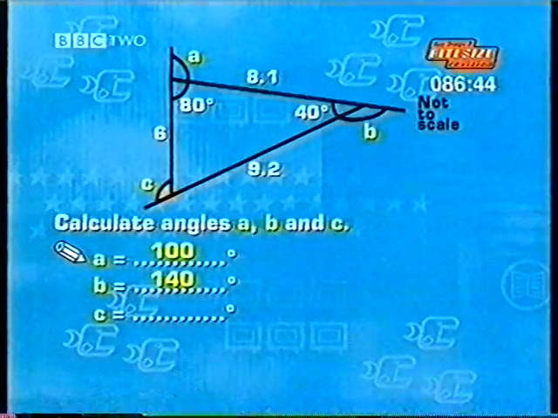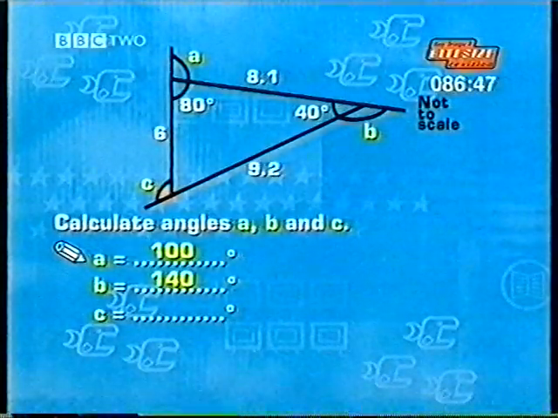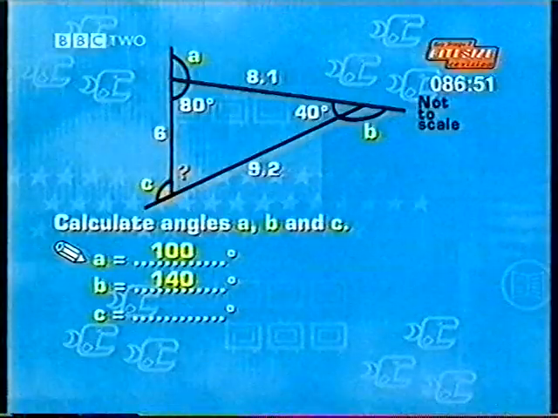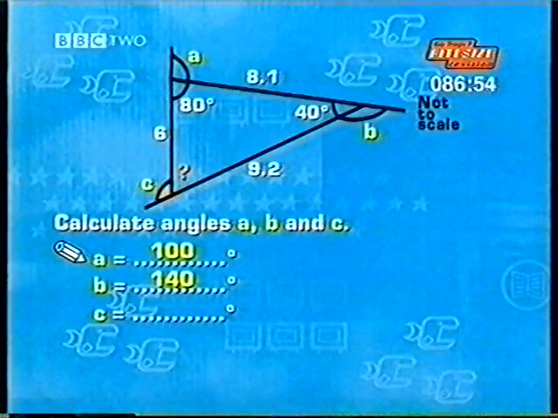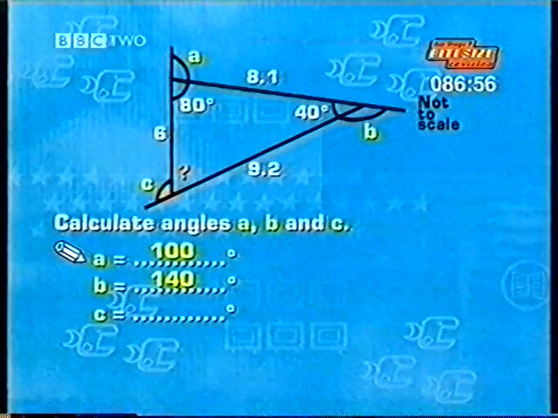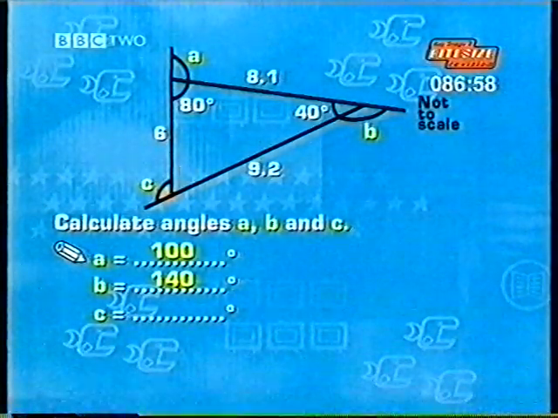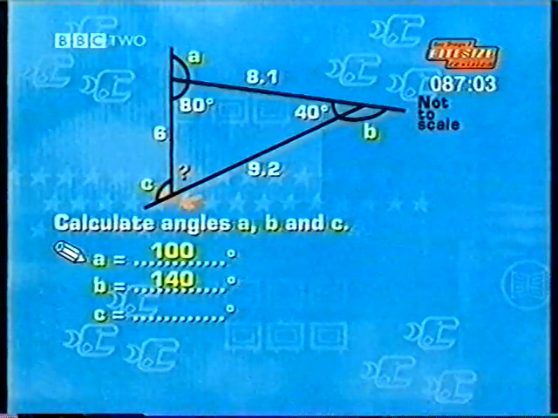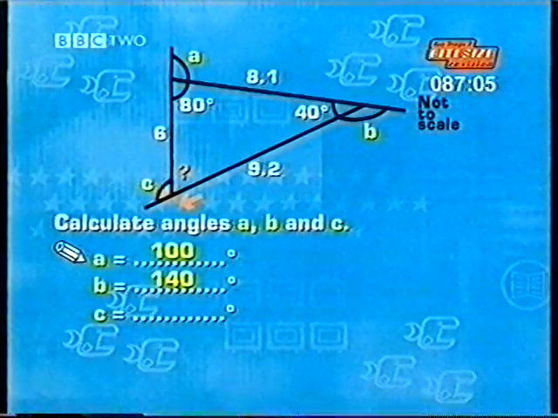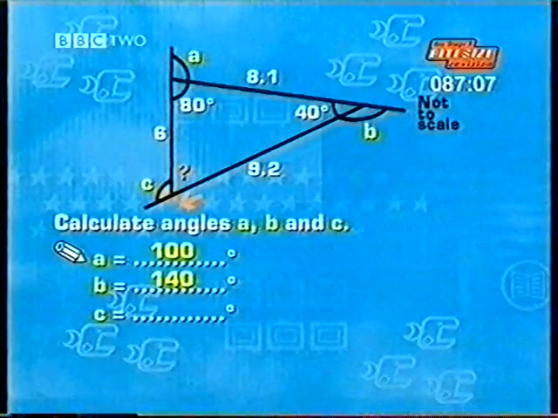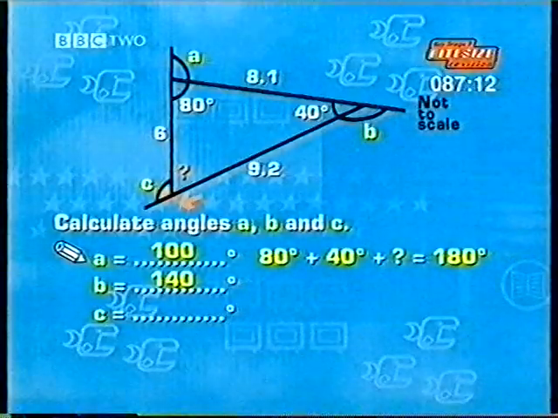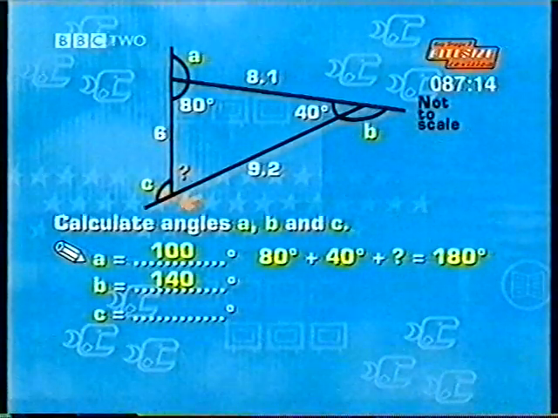Okay, angle C. Finally, look at angle C in the picture. There is no angle marked next to C on the straight line, nor does it form part of a quarter turn or a complete turn. But if you find this angle here, then you will have an angle next to C on a straight line. Earlier, when looking at the whole picture, this angle here is inside the triangle. The angles in a triangle add up to 180 degrees.